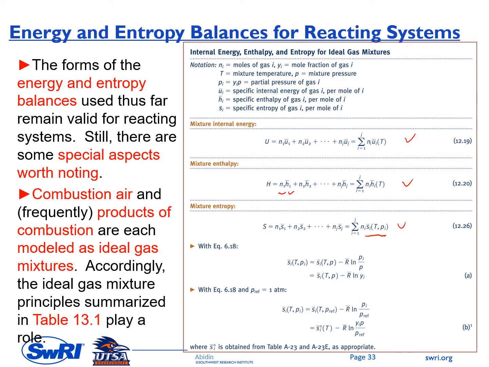So for example, in equation A, to get the entropy of gas i at T and p_i, we can calculate it as s-bar_i at T and p, minus R-bar, so this is the universal gas constant, times the natural logarithm of the mole fraction. And this mole fraction for gas i is p_i over p.